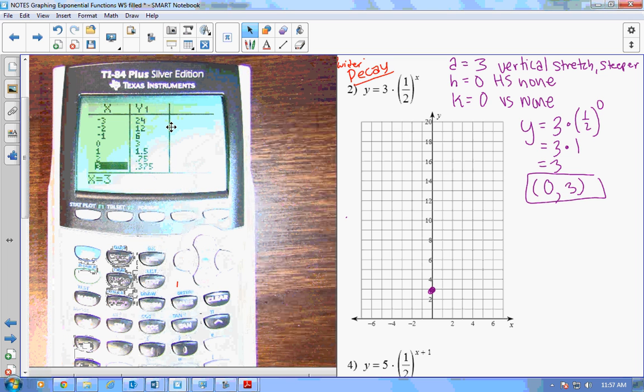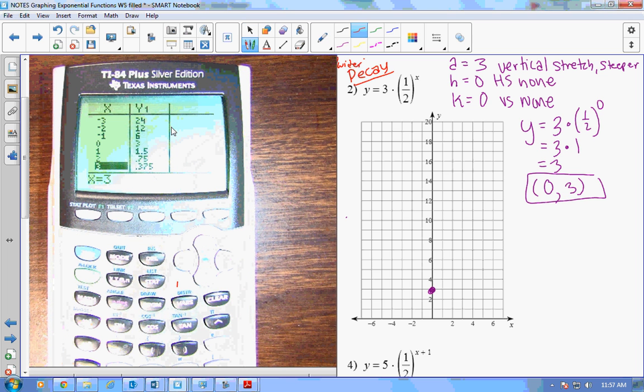And do we actually have 0, 3 as we worked out? Did that come up here? Yeah, it should come up. So -3, 24. That's like somewhere about there. -2, 12. -1, 6.